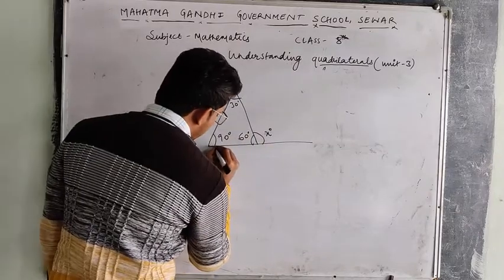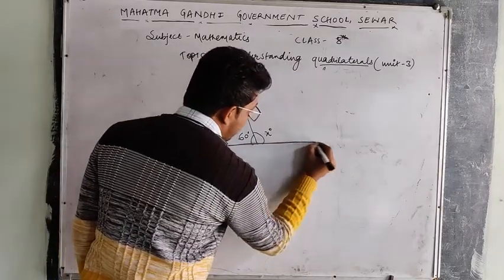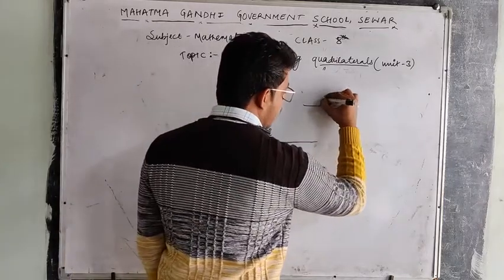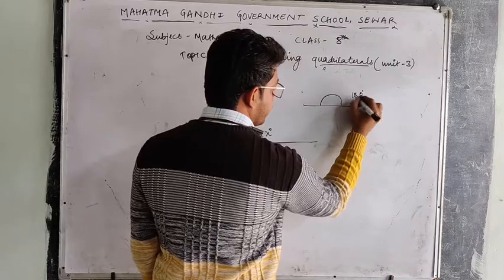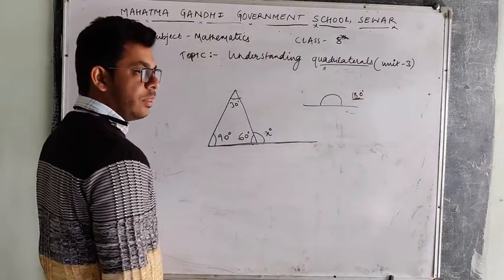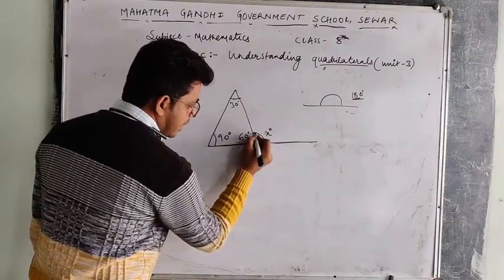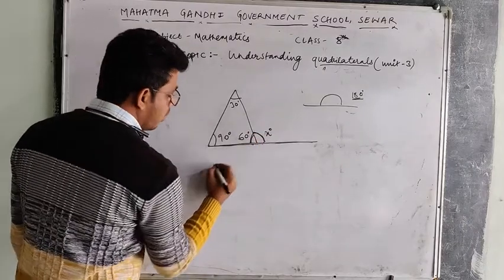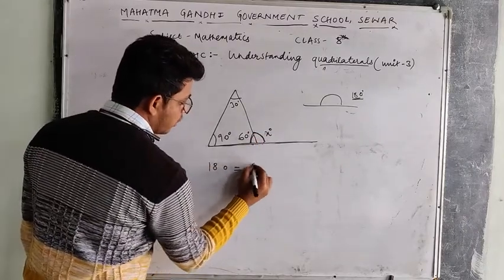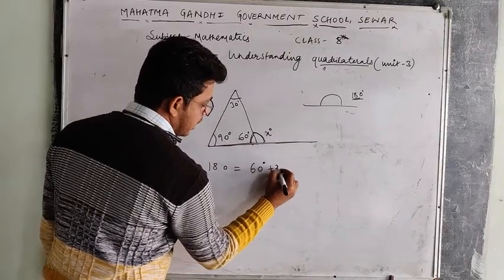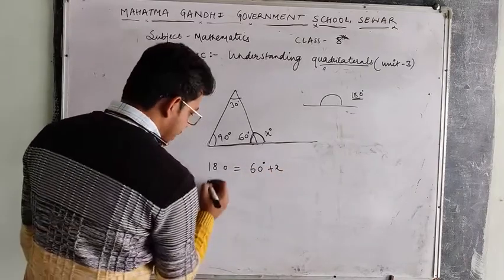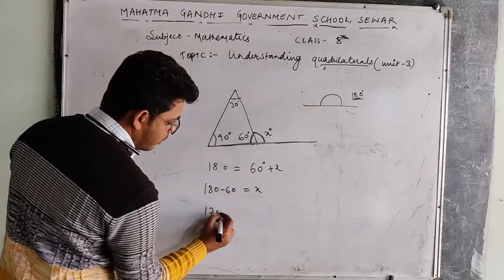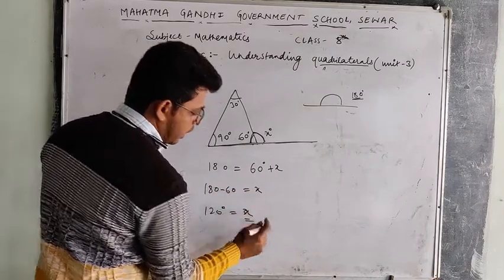I know that a straight line has an angle value of 180. If it has a value of 180, then 180 equals 60 plus x. I will transfer this here. 180 minus 60 equals x. It will be 120 degrees, so x equals 120.